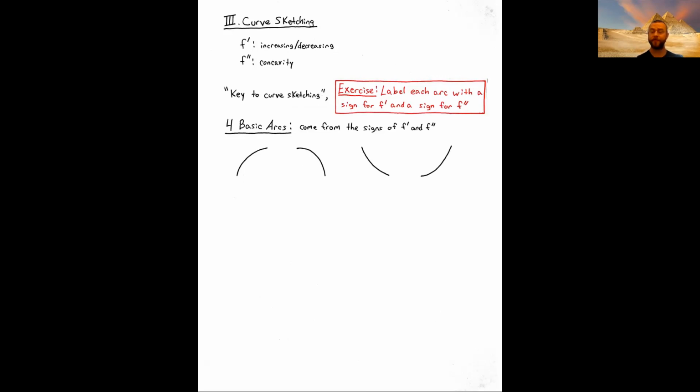Write them in the order: the first sign will be the sign of the first derivative, the second sign the sign of the second derivative. You should end up with 4 possible sign combinations: positive positive, positive negative, negative negative, and negative positive. So pause the video and give yourself an attempt at labeling all 4 of these arcs with the 2 sign combinations for the first and second derivative. We'll check in a little bit.